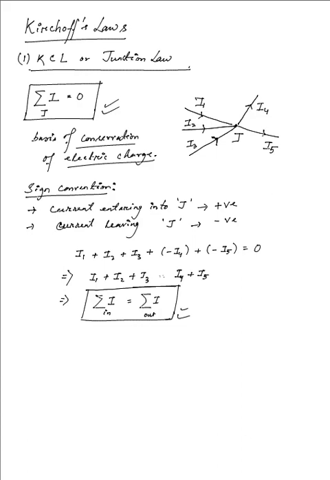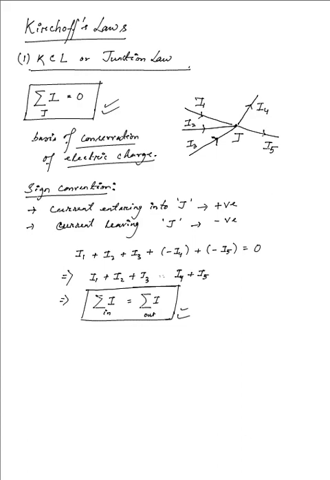Had we reversed the sign convention, that is, current entering taken as negative and current leaving as positive, it wouldn't have made much of a difference. If I1, I2, I3 had minus signs while I4 and I5 had positive signs, then taking the negative terms to the other side because of the zero there, it would have ended up the same way as we have ended up right now.